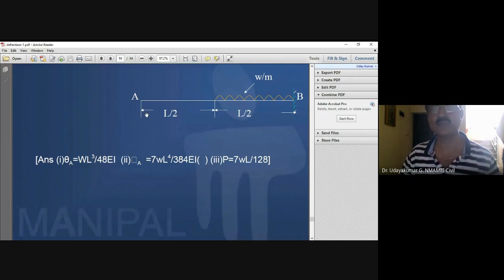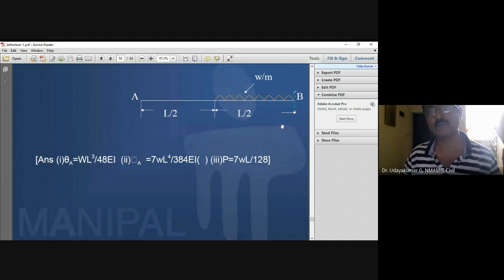So there is no reaction here, the only reaction is here. So the reaction and the moment you can avoid by taking A as the origin. So the equation is simply omega into (x minus L by 2) whole squared by 2.